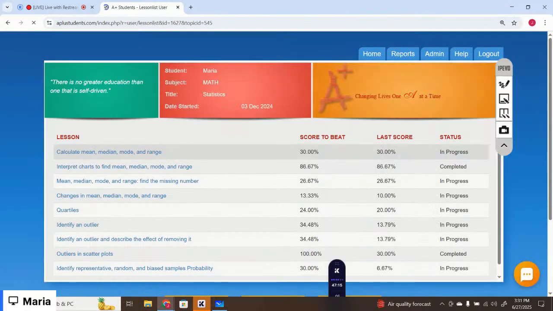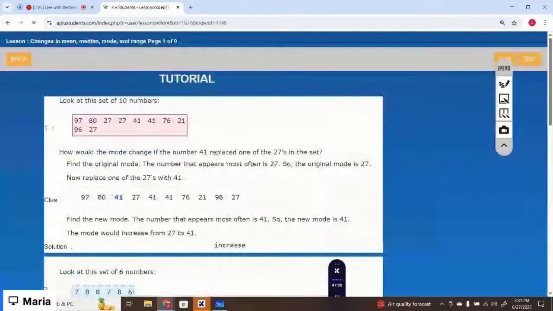Okay, we can complete the lesson by yourself. Let me just remember this lesson. That is changes in mean, median, and range. So let's just start with the answer.